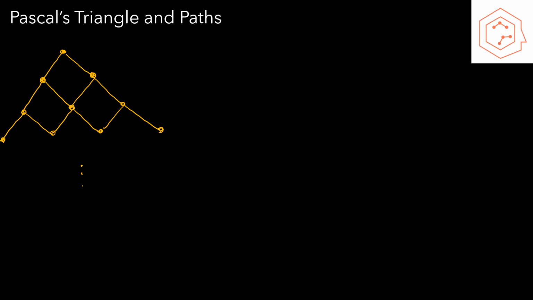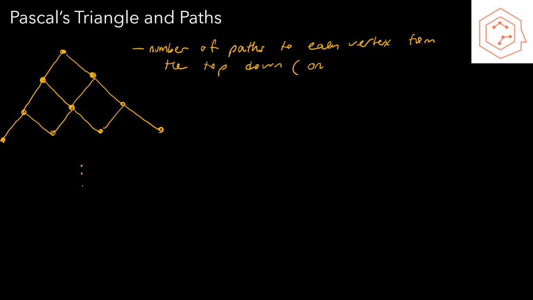And now I want to know the number of paths to each vertex from the top down. So only moving down. If we start at the top vertex, there's only one way we can get to that vertex.